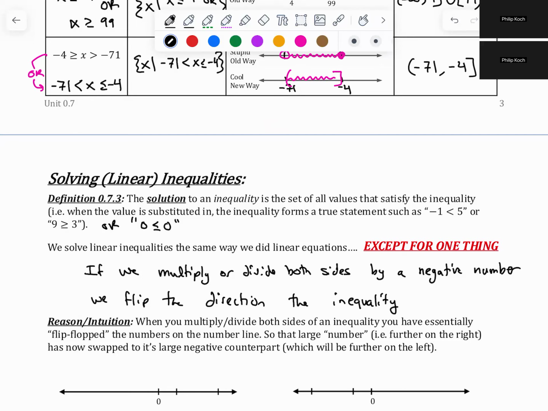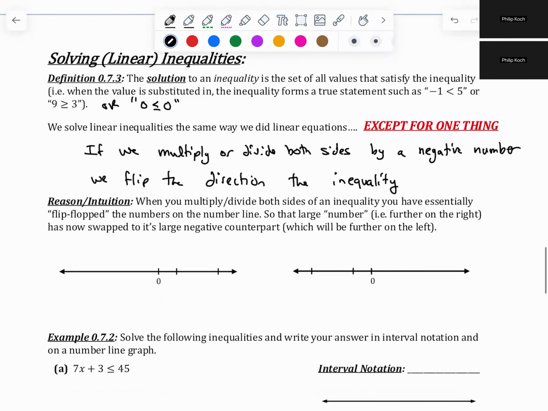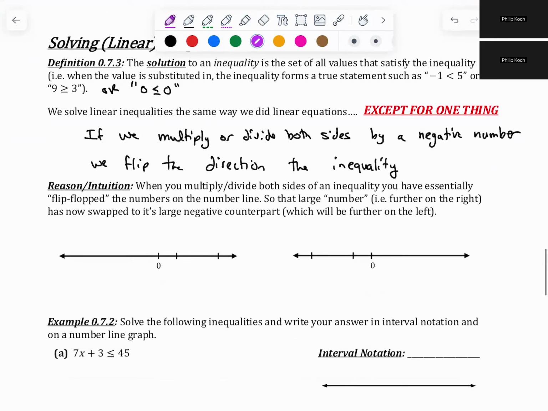It flips the direction. And I remember wondering why that would happen. The reason is that if you multiply both sides by a negative number, what you've done to each side is swap it on the number line, to the negative side, the upside down, essentially. For example, let's say you have x here and 10 here.